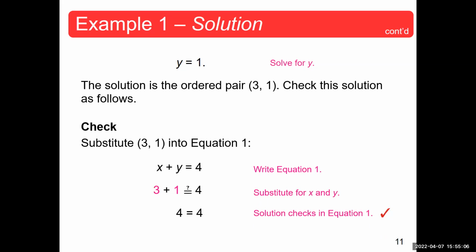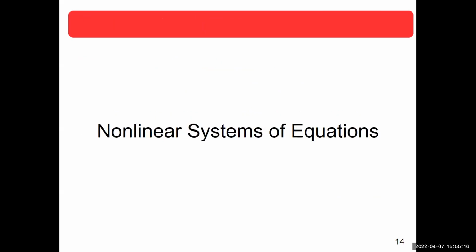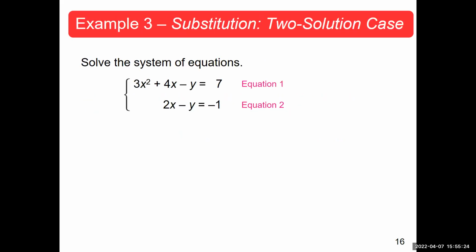You can double check your answer by plugging back in, to make sure you got the correct answer. And that's what the book is doing. They're asking to solve the system.